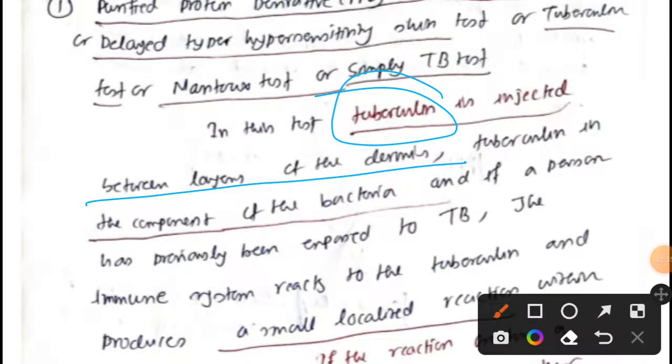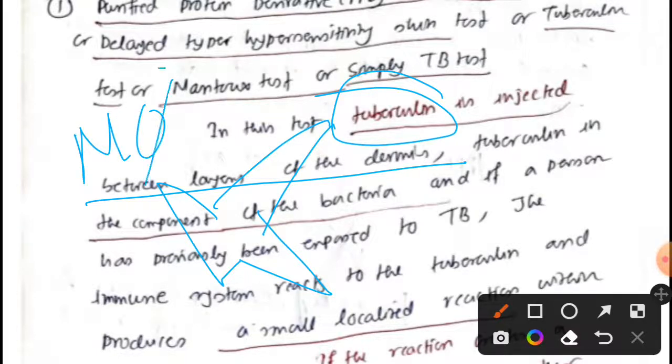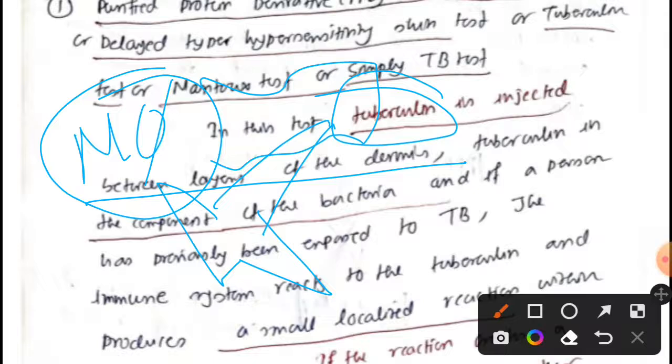I don't think I need to explain what tuberculin is, because we talked about it in the pathogenesis video of Mycobacterium tuberculosis part 1, where I told you how the macrophage ingests the tuberculosis bacteria, and how Mycobacterium tuberculosis makes a suitable, survivable environment for itself inside the macrophage.